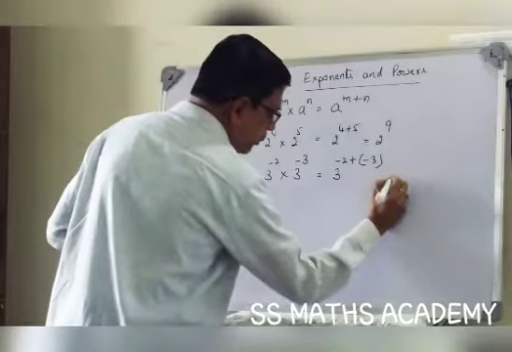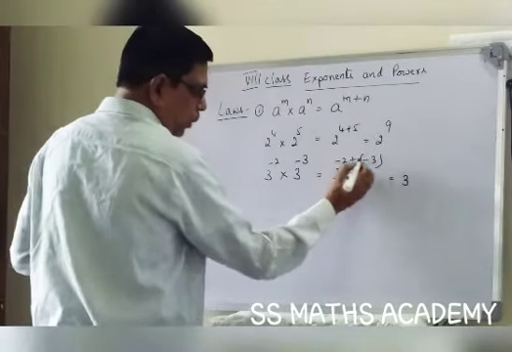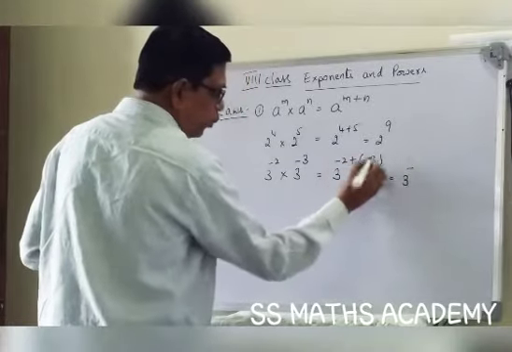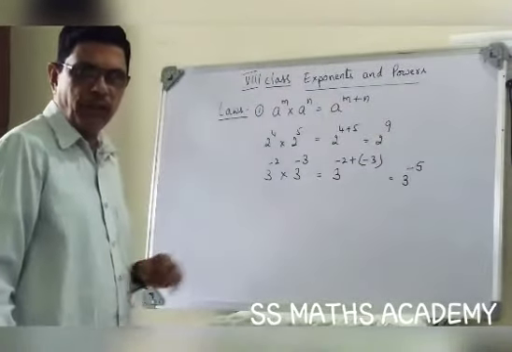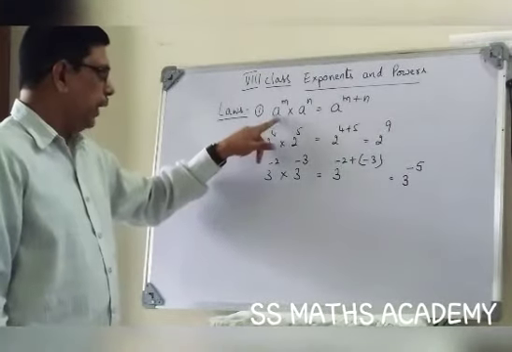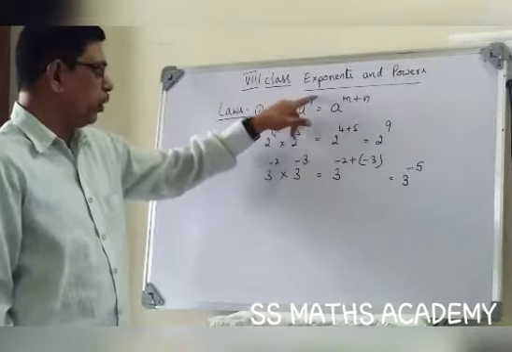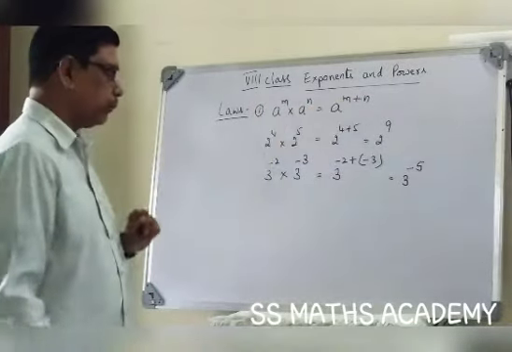We have to add up the powers. So you get 3 to the power of, when both are minus, put minus and add 2 plus 3 is equal to 5. So this is equal to 3 to the power of minus 5. So the first law is what? The first law is a to the power of m into a to the power of n is equal to a to the power of m plus n.